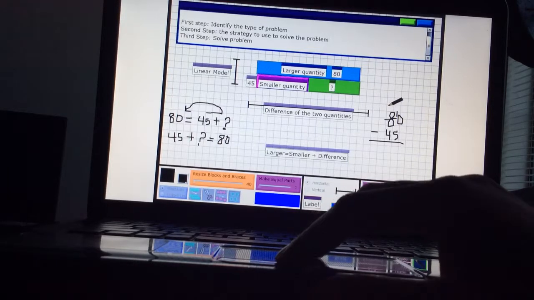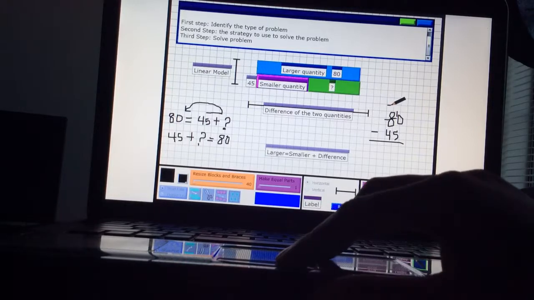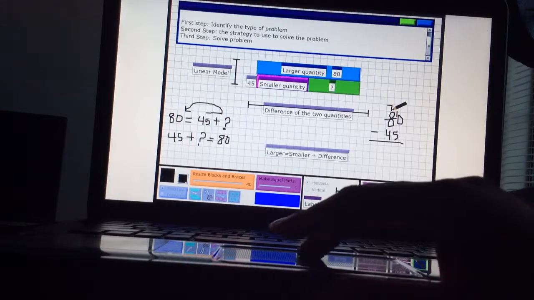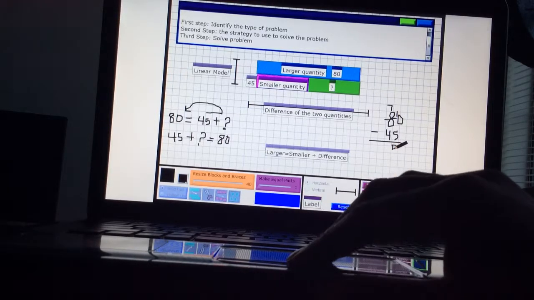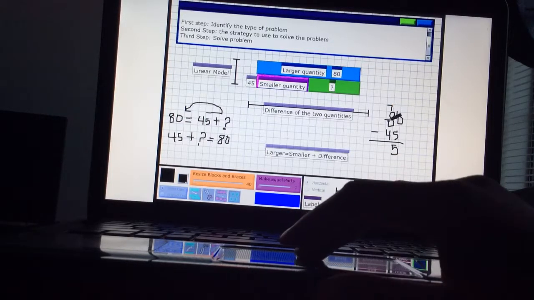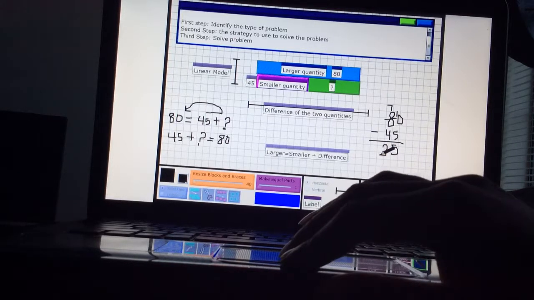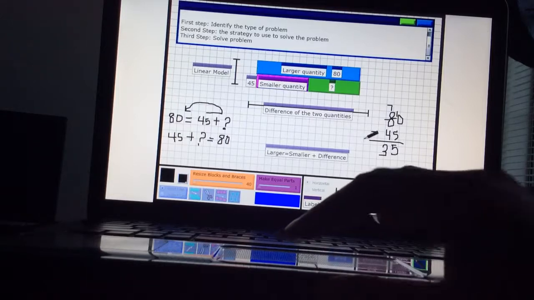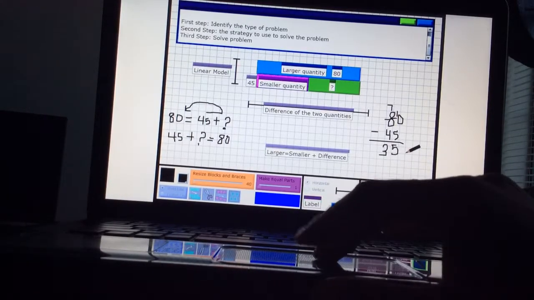And since we took a 10 away from the 8, it makes it a 7. So now it is 10 minus 5, which is 5, and 7 minus 4, which is 3. So the difference is 35.